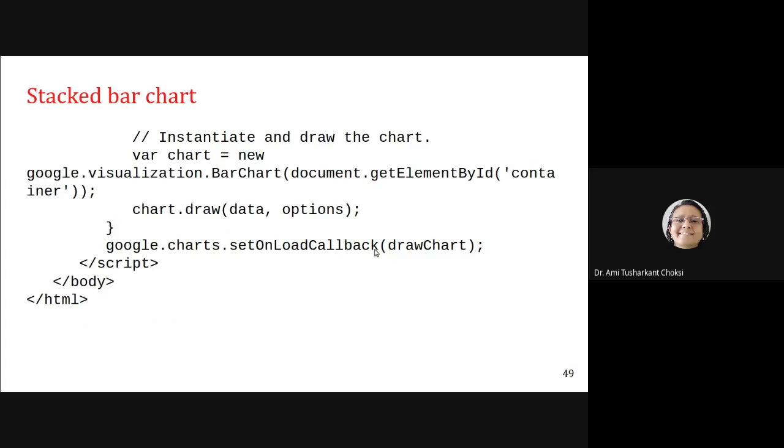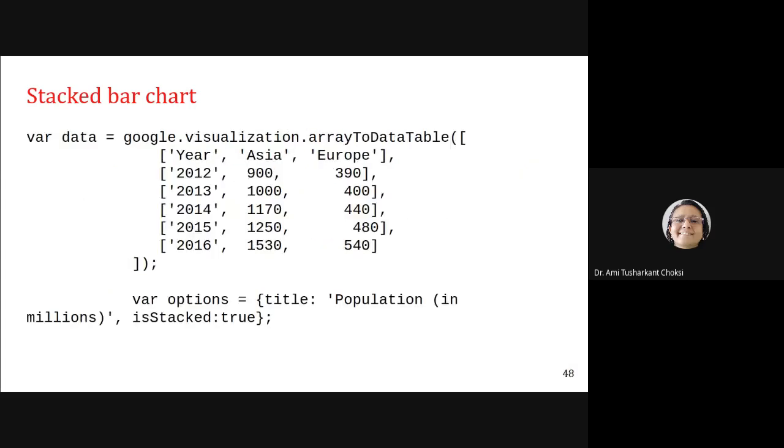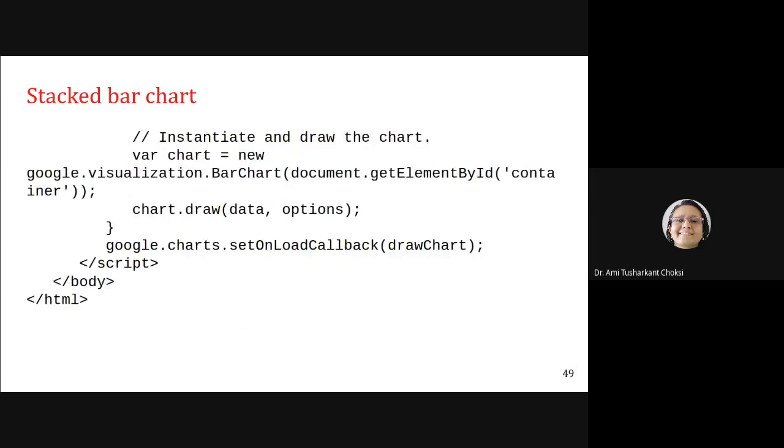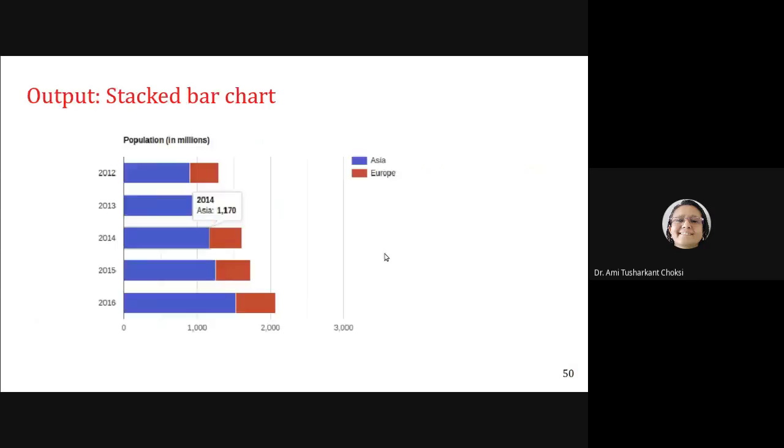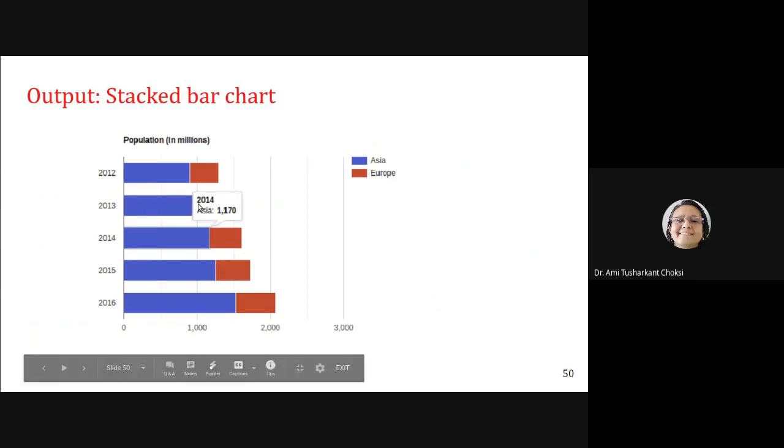The thing is, it should be called. What we are doing is setting the properties: we have the data, we have the options, we initialize the chart object, and after that we call the function. Fine. So we should be able to see the stacked bar chart.